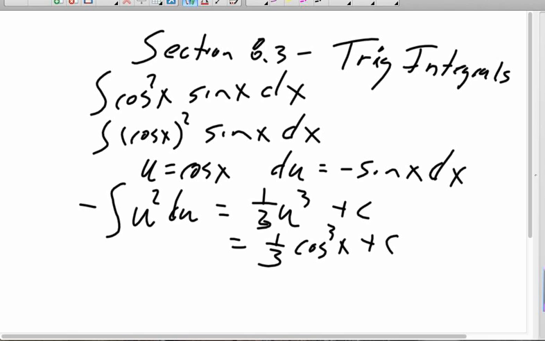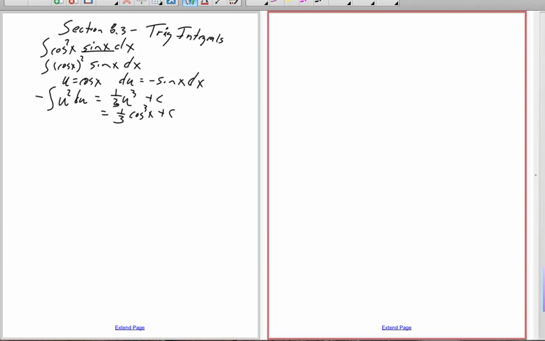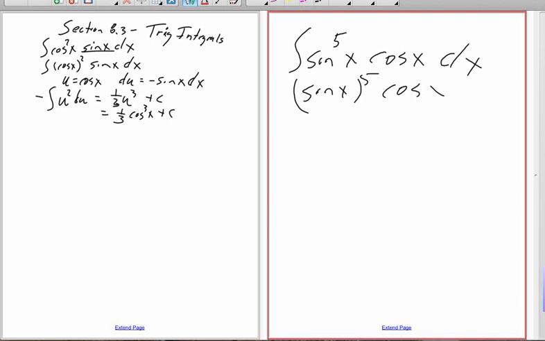Okay, so this works out real well if I've got, for instance, a single power of sine or cosine. And the exact same trick would work no matter what the power of cosine is. So for instance, if I was dealing with the integral of sine to the 5th of x cosine of x dx, same thing. This is sine of x to the 5th cosine of x dx.